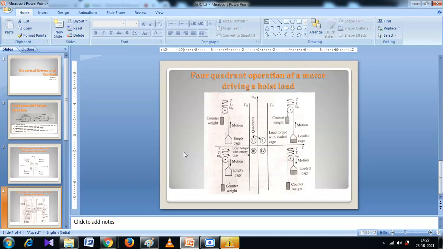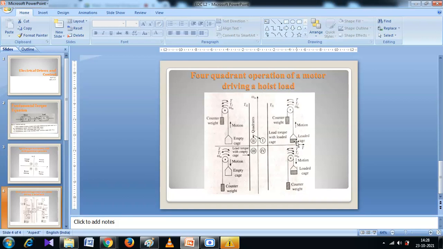If that motor is replaced by a pulley, and we stay with these two, the cage and the counterweight: if the cage is loaded, then the loaded cage is at the low level and the counterweight is at the high level.